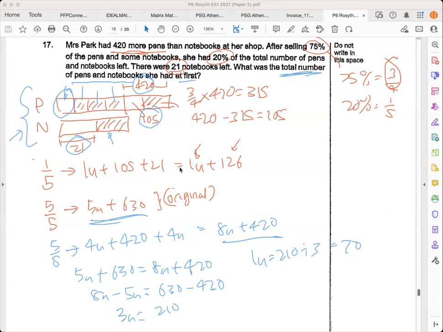Either way. Okay. I use 8U plus 420. This is at first. 8 times 70 plus 420, and the answer will be 980. You can do 5U, 5 times 70 plus 630. You'll get the same answer. So this is the answer.